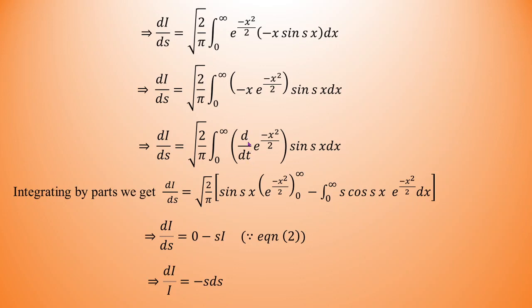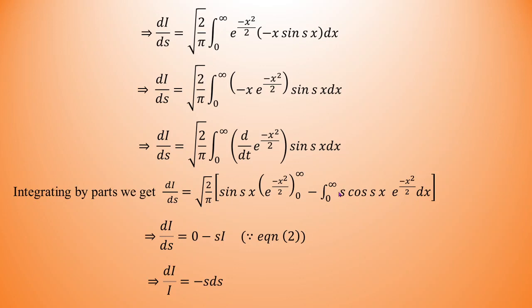So now the integration of the derivative, when both the variables are the same, is the function itself, that is e raised to power minus x square by 2. Then minus the integration of the derivative of sin sx, which will be cos sx into s, because it is the derivative with respect to x. And then again integration of the derivative, so it will cancel and you will get the function itself. The integration is done, right? So here we will simplify.